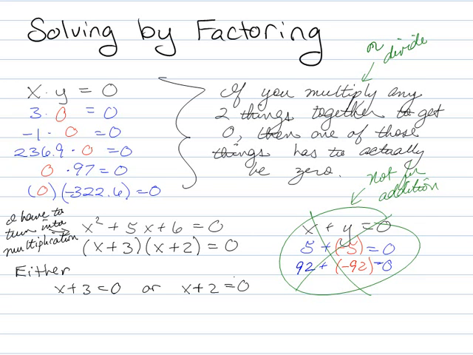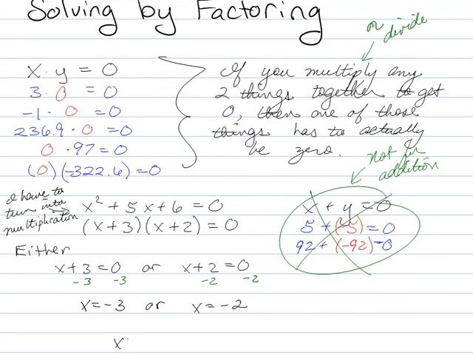The only way that this can be 0 is if one of those is 0. So now I have two different equations which I have to solve for x. We get x equals -3, or if I subtract 2 from both sides over here, x is equal to -2.